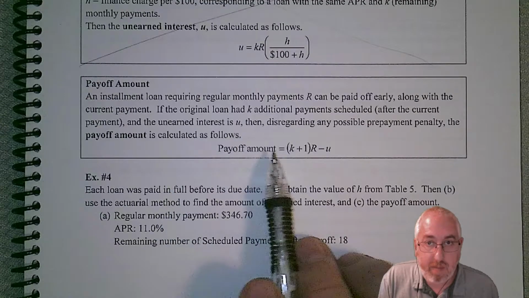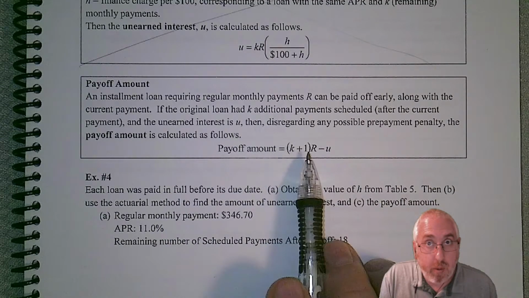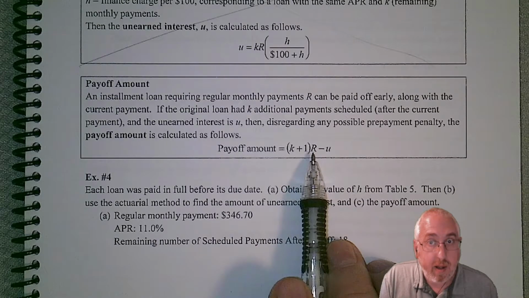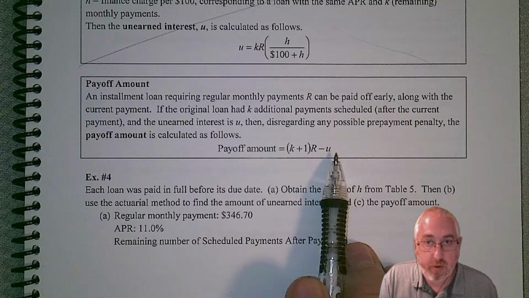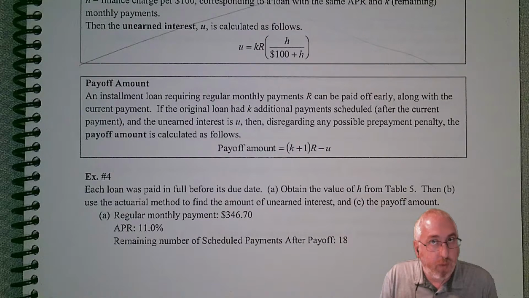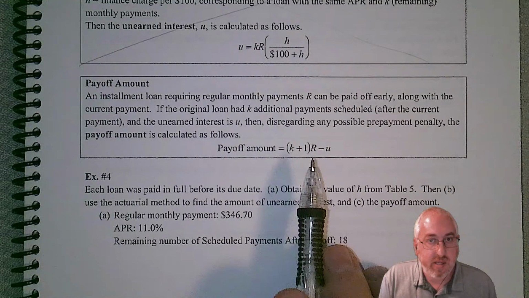The payoff amount is equal to (K plus 1) times R, that regular monthly payment, minus the unearned interest. Very easy formula, but just be careful in how you simplify this down. It's very easy to make a mistake with that.